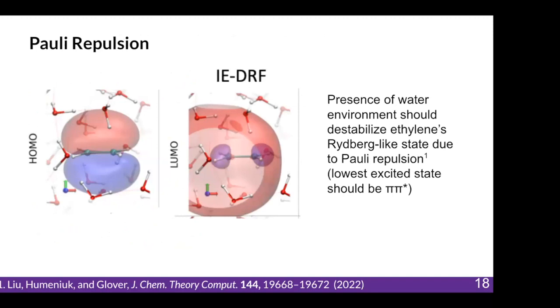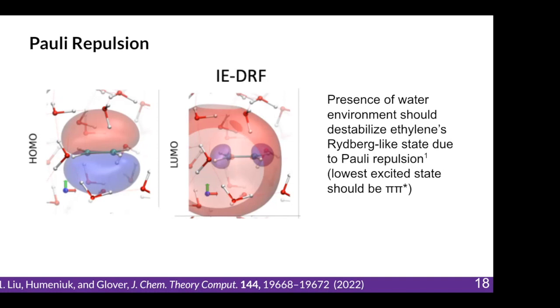And a nice example of Pauli repulsion is the problem of Rydberg and valence type mixing in the LUMO of ethylene. So if we were to run a calculation for ethylene, what we should see is that the lowest excited state should be a pi star state.